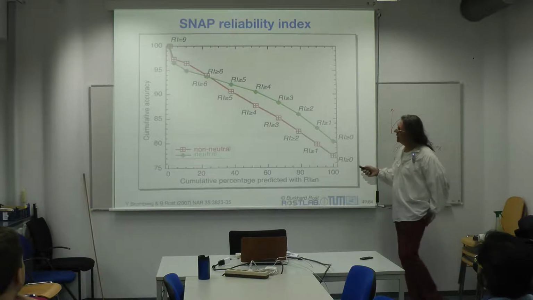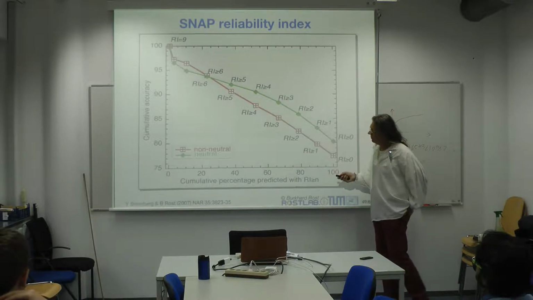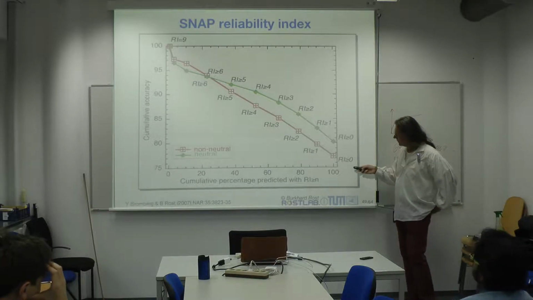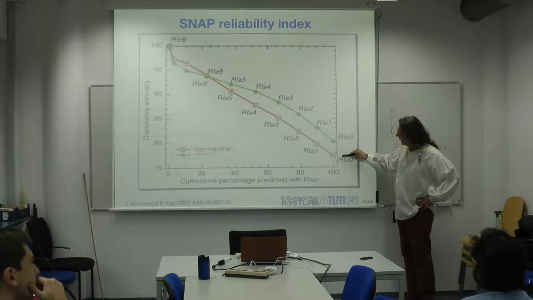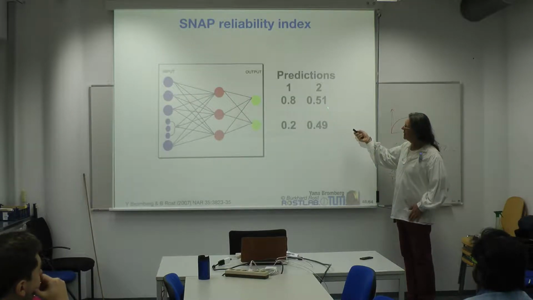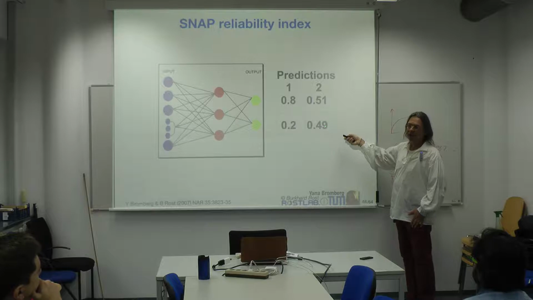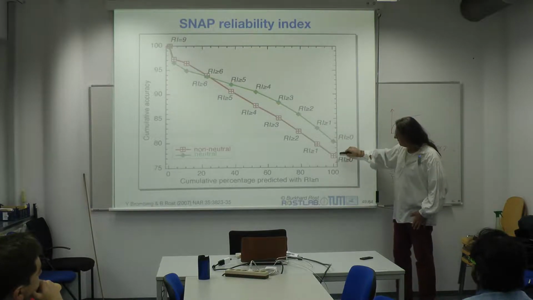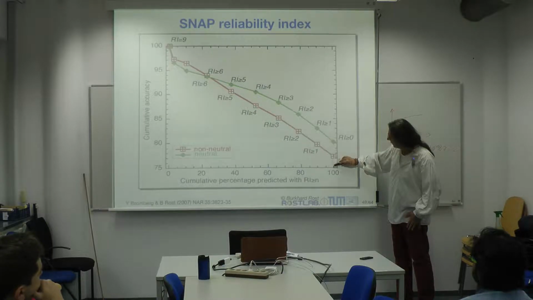And the reliability index, when I predict for every single one, so if I take any prediction as positive where this unit is larger than that unit, then I get the point for the positives here. I predict 100% of all the positives.